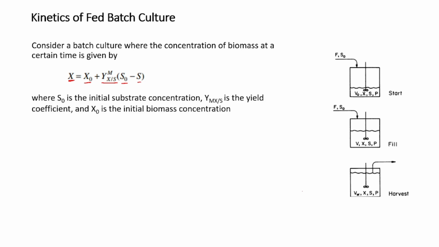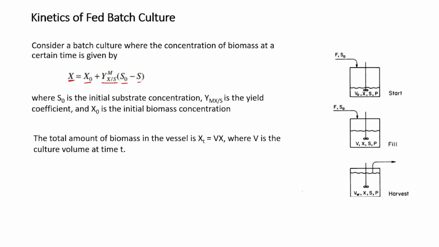Now the total biomass Xt is given by the volume of the fed batch culture multiplied by the biomass concentration. Why? Because the total biomass Xt, its unit should be in grams, and the unit of biomass concentration is grams per liter.